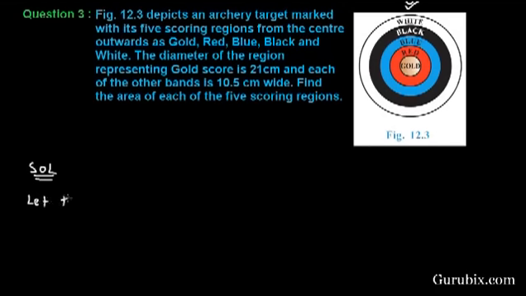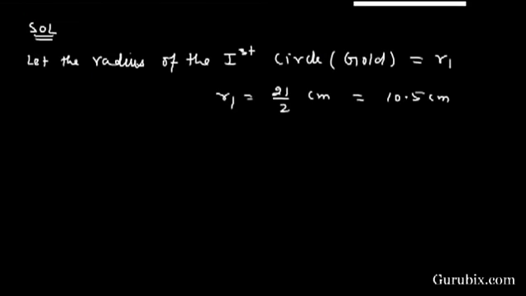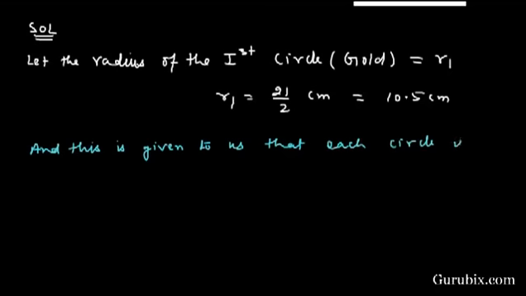Let the radius of the first circle that represents gold be R1. Therefore R1 is equal to 21 over 2 centimeters, which means 10.5 centimeters. It is given to us that each circle is 10.5 centimeters wider than the previous circle.